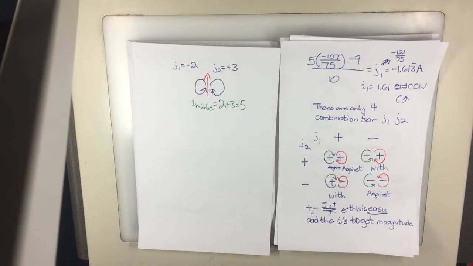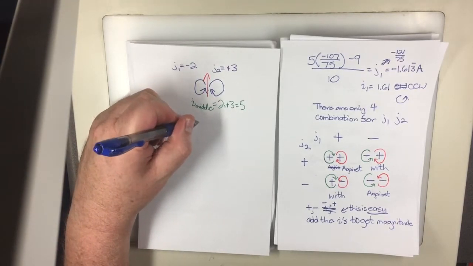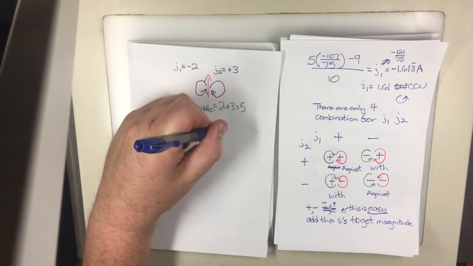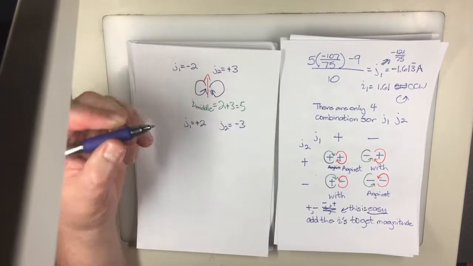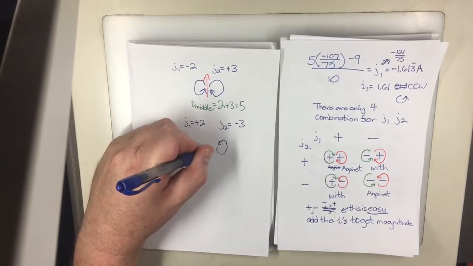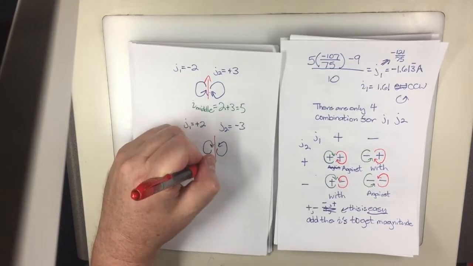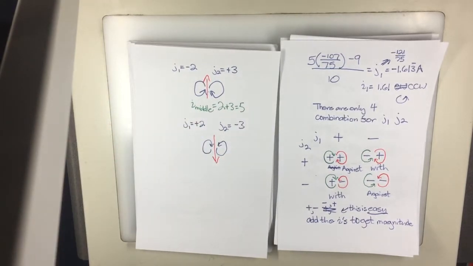If you have a situation where J1 is equal to +2 and J2 is equal to -3, J2 looks like that, J1 looks like that. Current goes down.